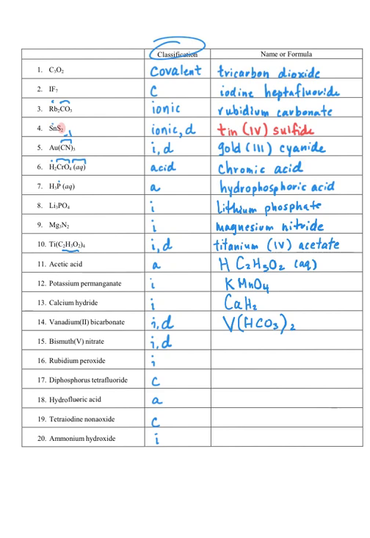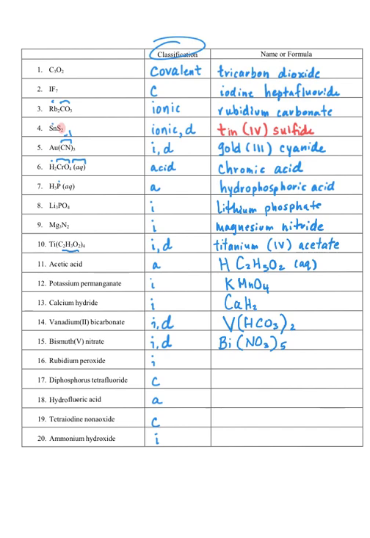In question 15, where we're dealing with bismuth(V), we again have a D-block element whose charge is explicitly specified. Bismuth must be +5 in this case. Nitrate is NO3 with a -1 charge. And the formula for bismuth(V) nitrate is Bi(NO3)5.